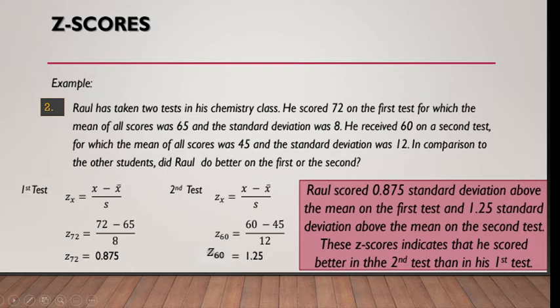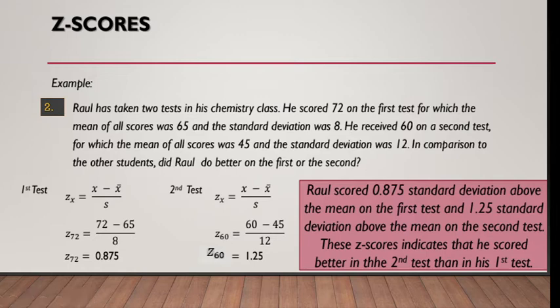So as you notice, guys, he did better in the second test. Raul scored 0.875 standard deviation above the mean on the first test and 1.25 standard deviation above the mean on the second test. So these scores indicate that he scored better in the second test than in his first test.